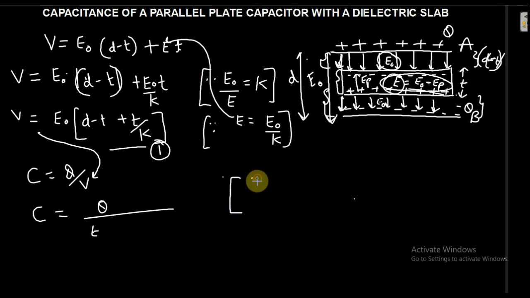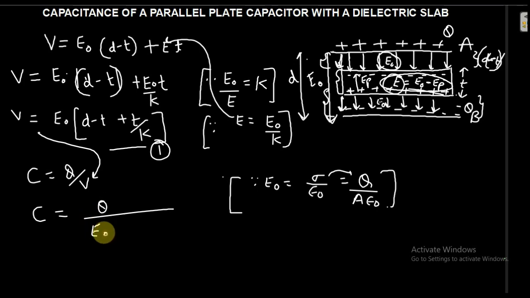As you know, E naught is equal to sigma by epsilon naught, the electric field between two infinite parallel plates of the capacitor, and your sigma is equal to Q by A. So it means you can replace your E naught with Q by A epsilon naught. So I am going to substitute the value here directly.